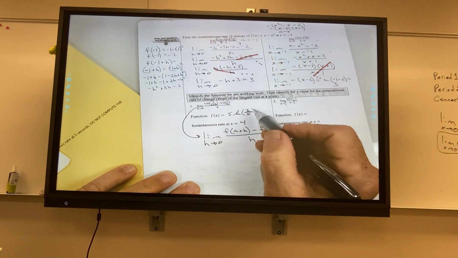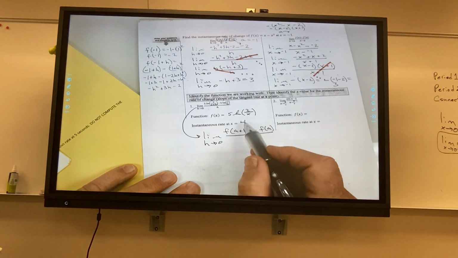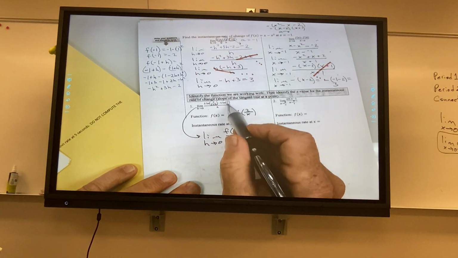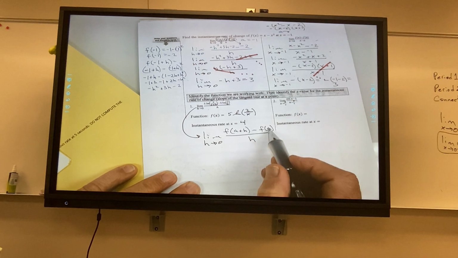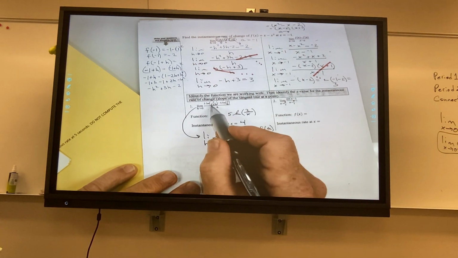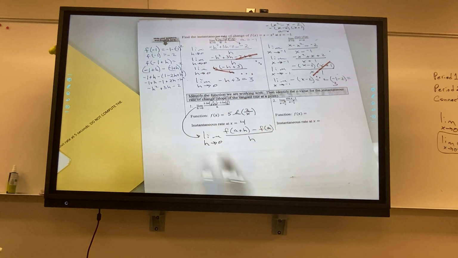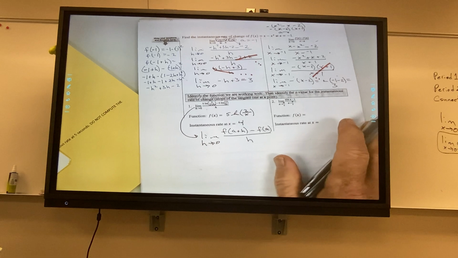If you take a look, both of these have 2 on top. How did I get a 1 on top and a 2 on the bottom? Well, when I plug 4 into here, I get that. So a has got to be 4. And then I have this 4 plus h. Sure enough, I have 4 plus h. Everybody follow that? I think so. Let's look at the next one.